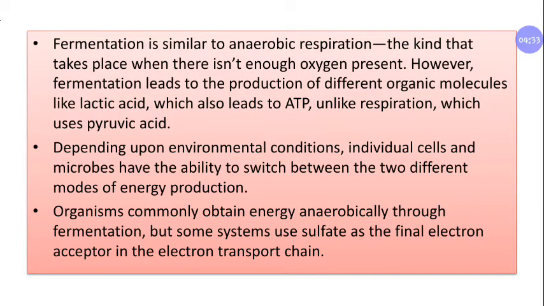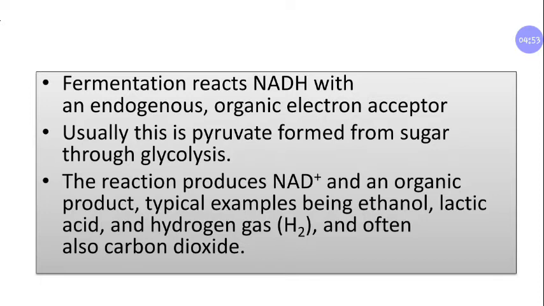That is, they can choose which mode is needed. Organisms commonly obtain energy anaerobically through fermentation, but some systems use sulfate as the final electron acceptor in the ETC, the electron transport chain.